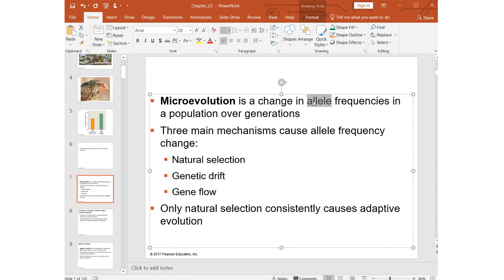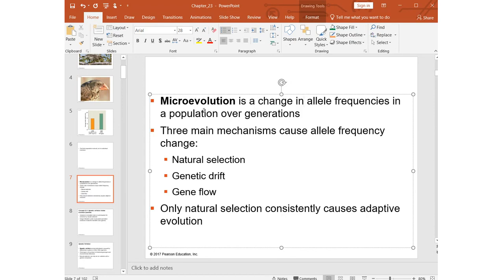Or one allele caused the plant to be tall, and another allele of a certain gene caused the plant to be short. So that's what we mean by alleles. A little review of General Biology 1, the first semester of General Biology. So a change in the allele frequencies in a population over time, that's microevolution.